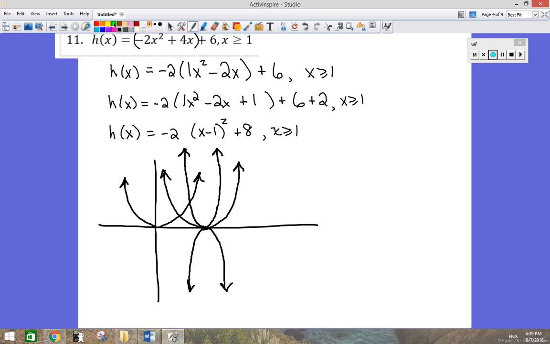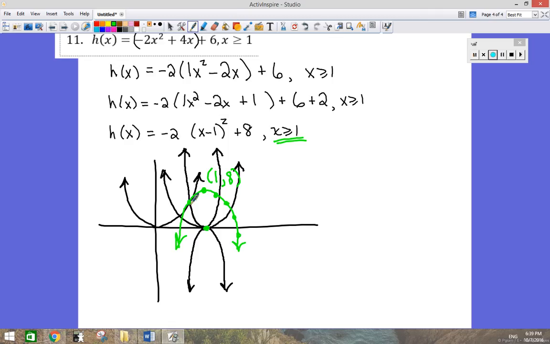And then we lift it up 8 units. So in a different color, if this vertex goes up 8 units and it's opening downward, my graph is looking like that. Well, what's the vertex? It's (1, 8). The domain that they're restricting, they want points on this graph whose x-coordinates are greater than or equal to 1.